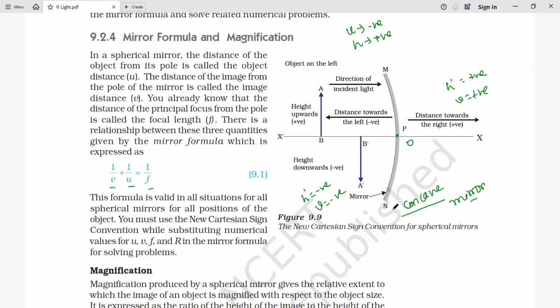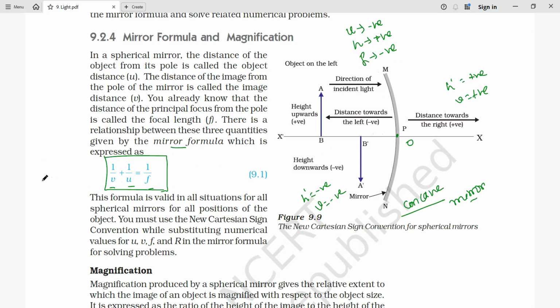In this concave mirror, the principal focus is on the left side, so the focal length will be negative here. The formula is 1 by v plus 1 by u equals 1 by f. This formula is applicable for concave as well as convex mirrors, and it is called the mirror formula.